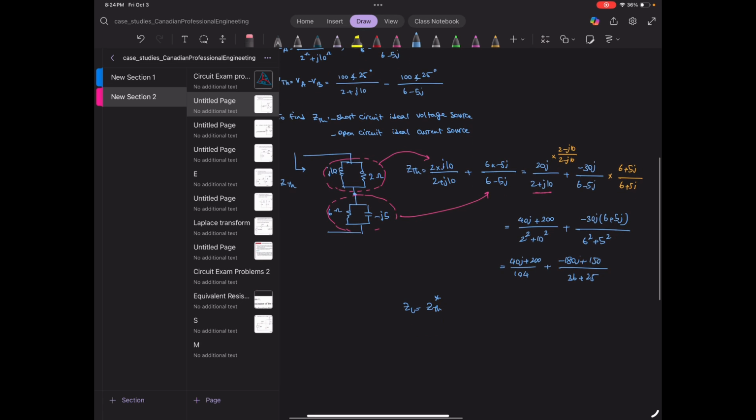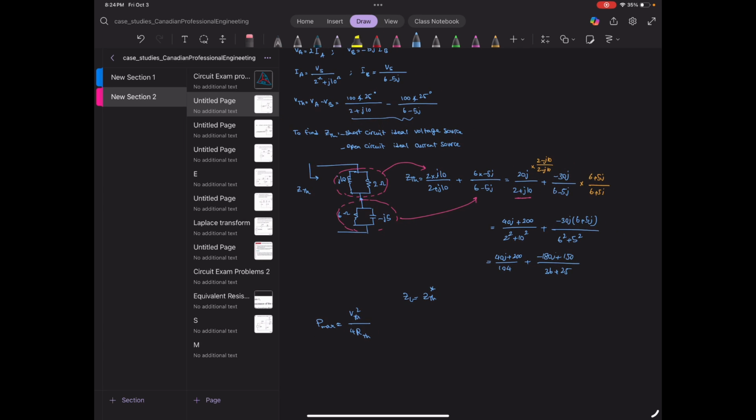And then the maximum power that we can deliver is VTH to the power of 2 over 4 RTH, where we found VTH here, and then you can just replace it here. So that's it basically. It's a lot of phasors math, but you can do it, guys.